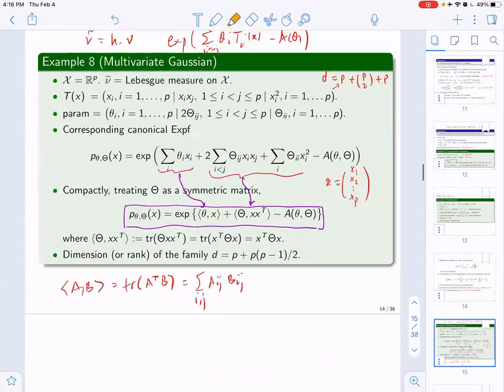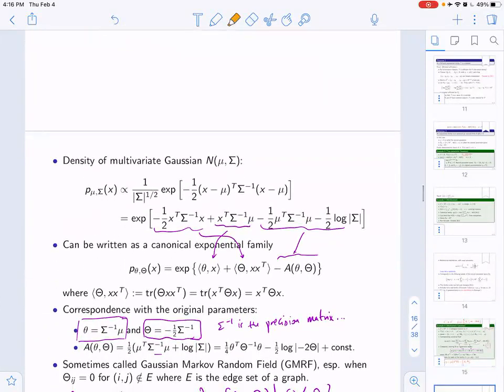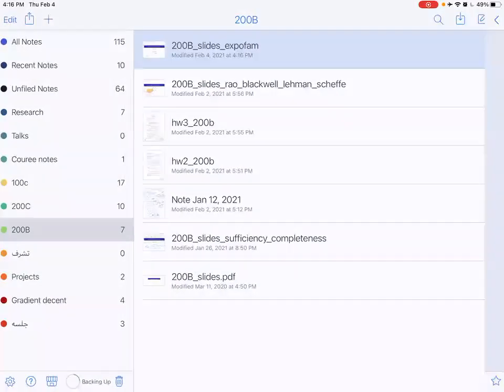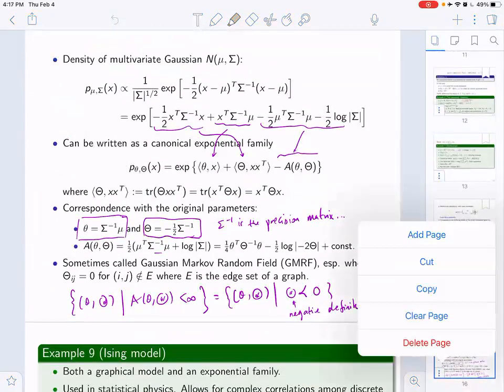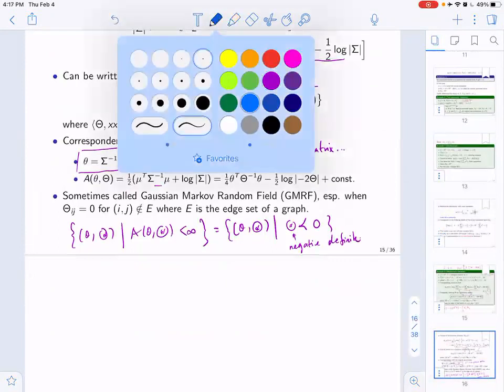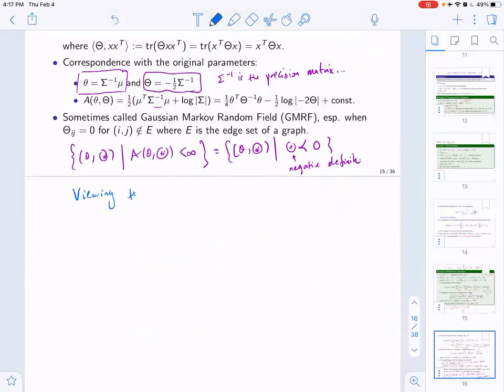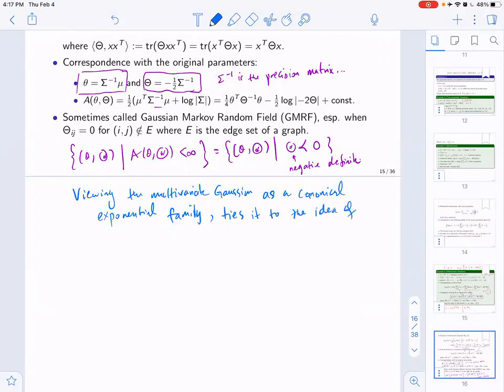Viewing the multivariate Gaussian as a canonical exponential family ties it to the idea of graphical modeling.